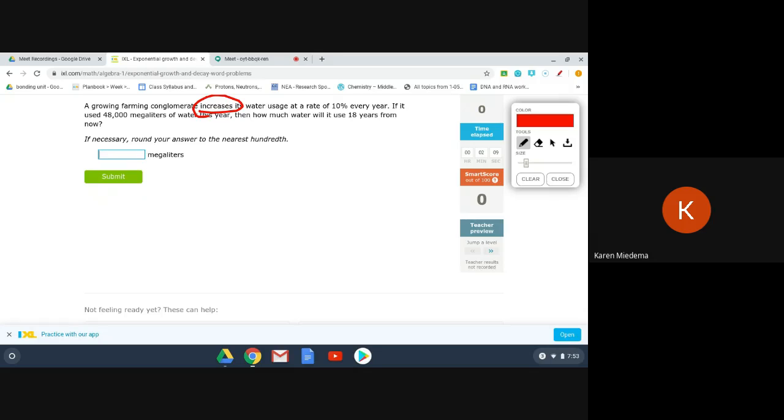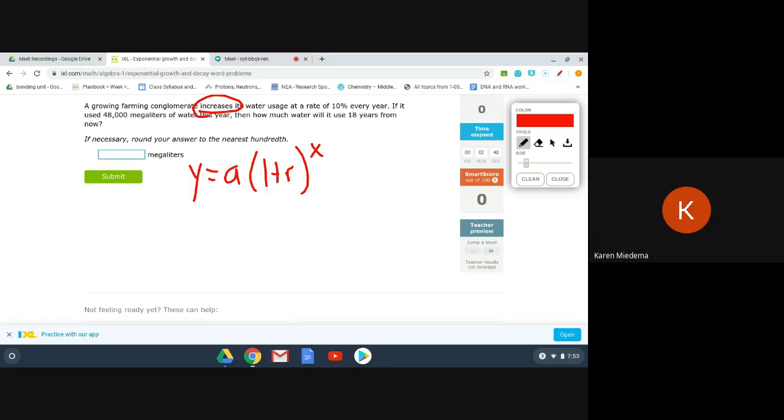The formula for exponential growth is y equals a times 1 plus r, all raised to the x. And again, in my first video, we talked about how y is the total, a is the starting amount, r is the rate written as a decimal, and x is some kind of time interval.